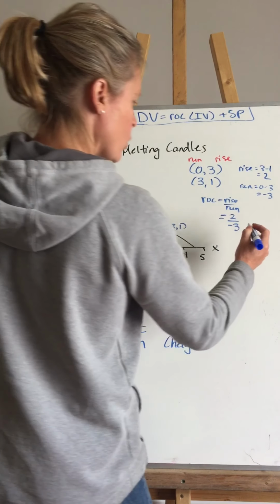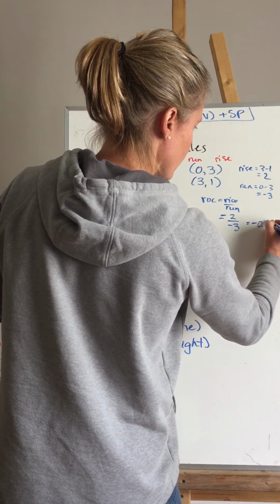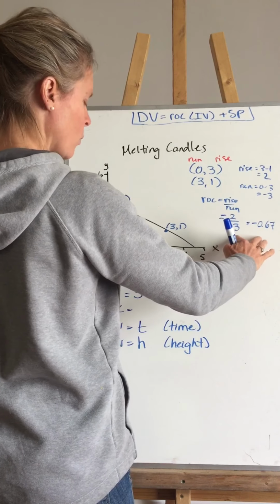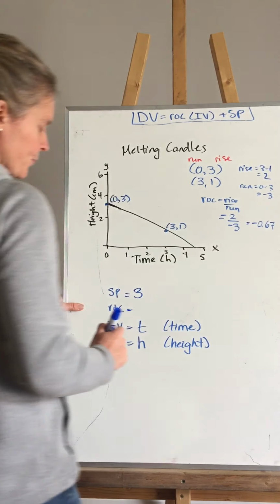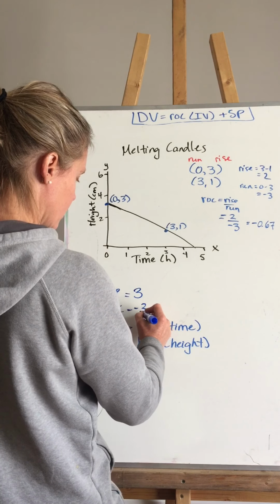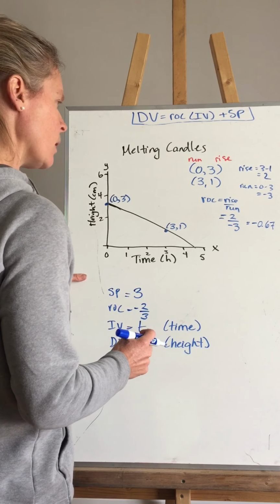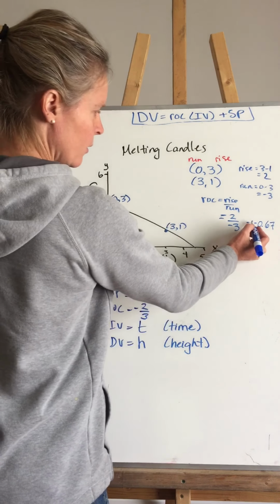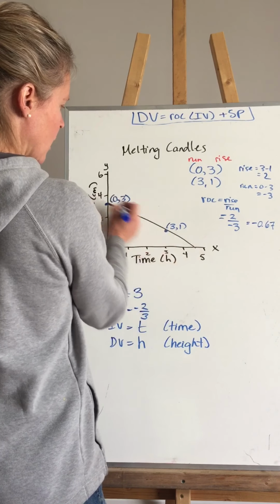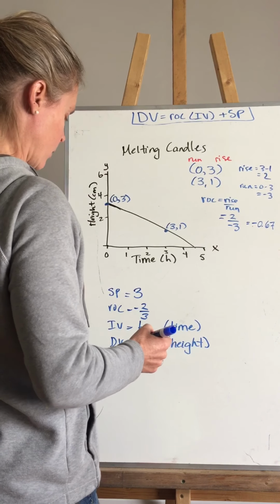You could change that to negative 0.67, a repeating decimal, or leave it as negative 2/3. Either is fine in your equation. I'm going to leave it as a fraction. You should check: does it make sense that my rate of change is negative? Yes, because you have a downward slope for your line, so you should expect a negative rate of change.